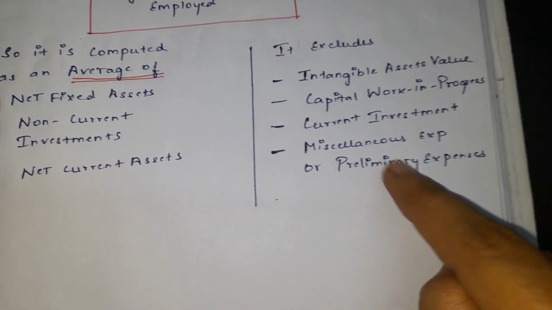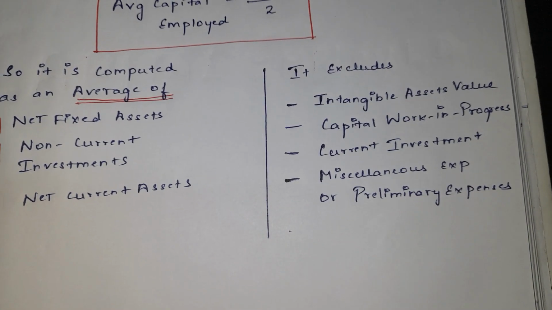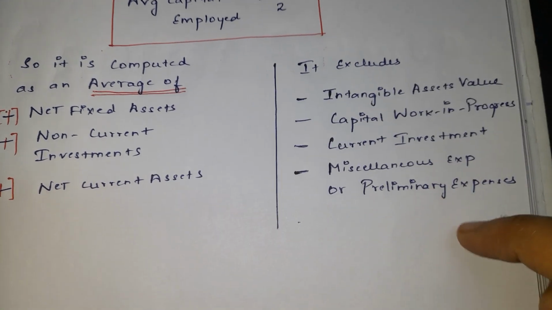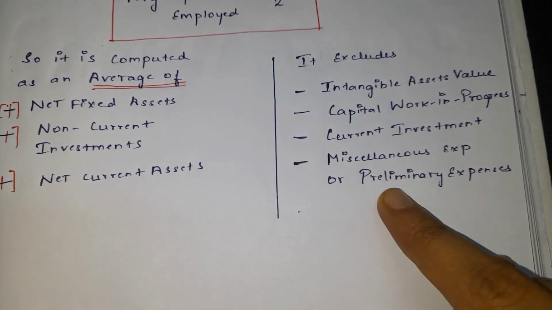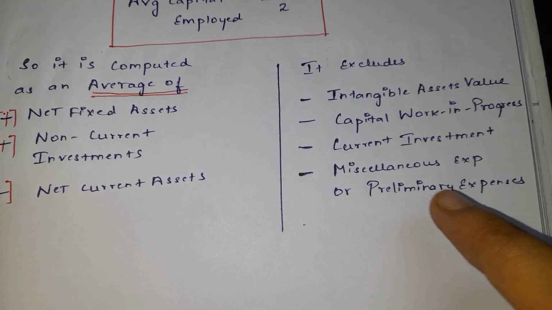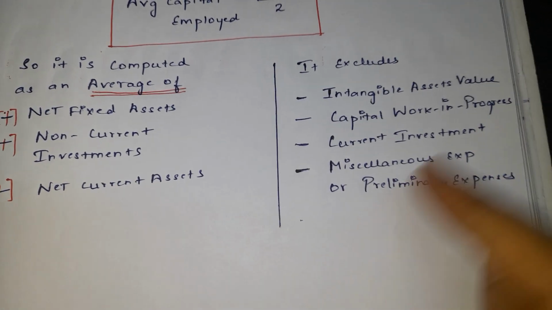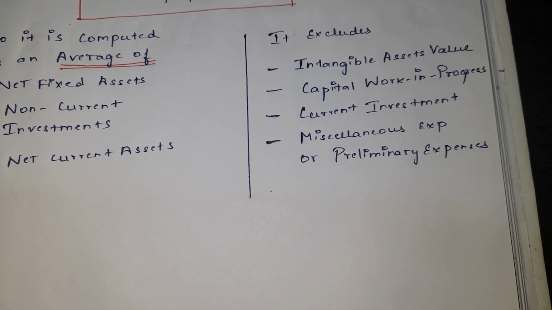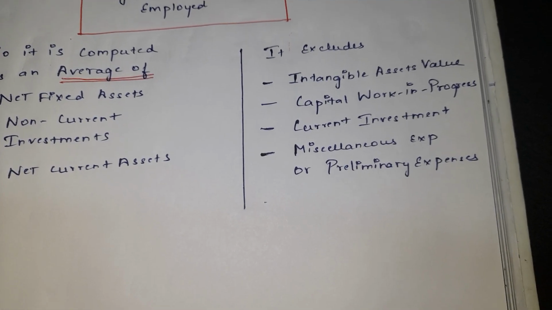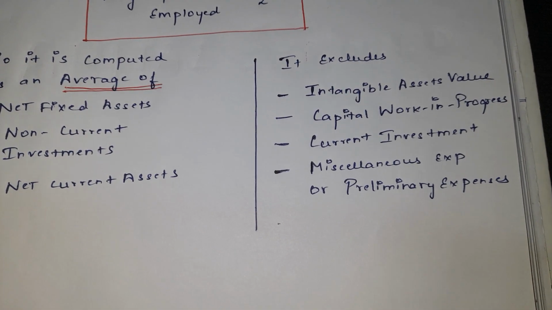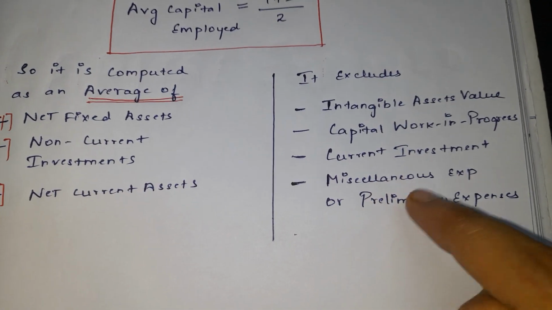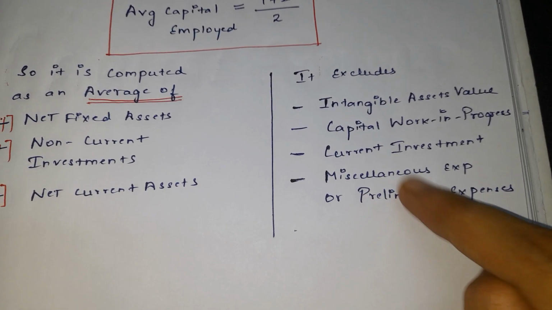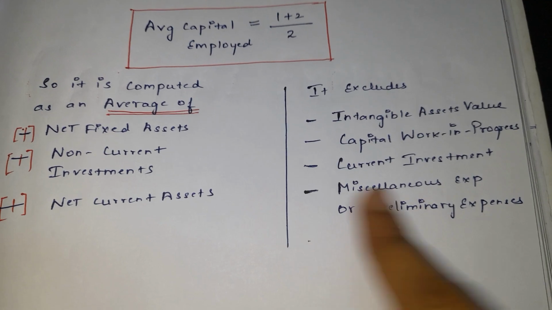Miscellaneous expenses: we will notice preliminary expenses included in current asset. Preliminary expenses or miscellaneous expenditures are incurred while incorporating the company. They are considered fictitious assets, not contributing anything to my business, so just don't consider that.